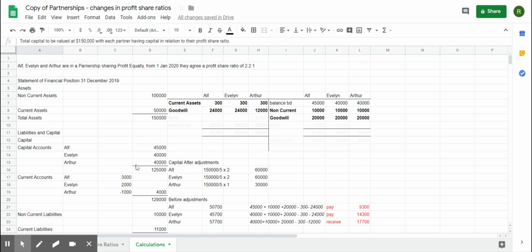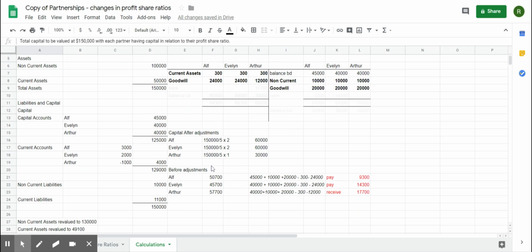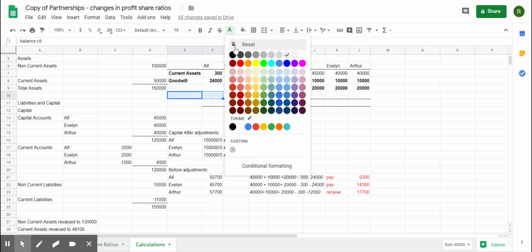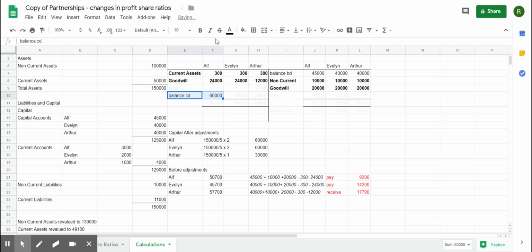So what does that mean? Well, it means that in total, partners want to have 150,000 of capital remaining in the business, and they want that to be in their profit share ratio. So 150,000 divided by 5 times by 2 means that Alf needs to have 60,000 of capital in the business, as does Evelyn, because she's also got 2 shares.